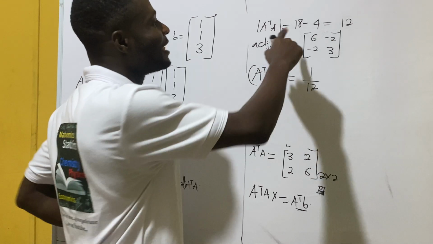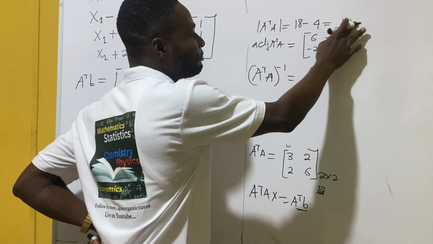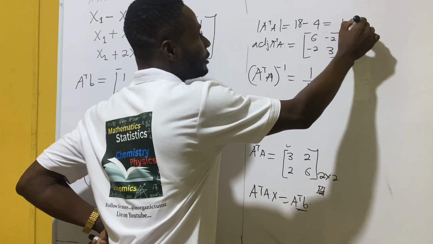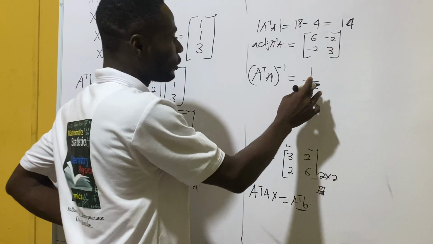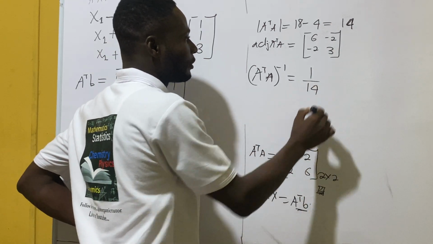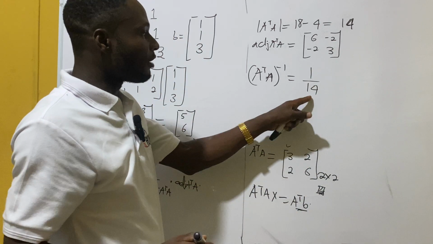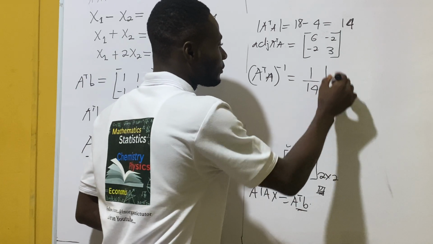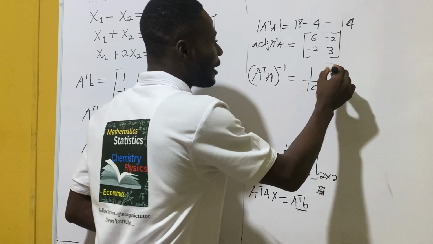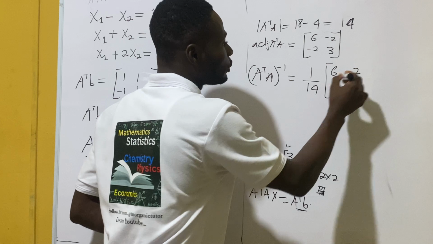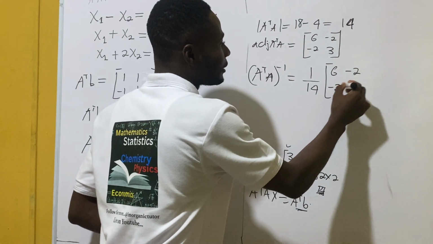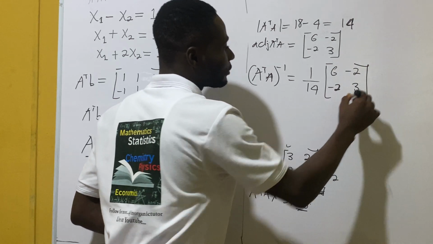Sorry, 18 minus 4 is 14. Sorry. So 14, right? So 1 over 14, then we have 6, -2, -2, right? Then we have 3 right here.